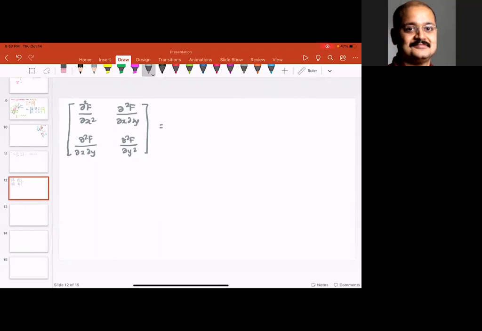So the next problem is you have to find out the saddle points. To find the saddle points, you need to find the Jacobian and then find the eigenvalues of the Jacobian.